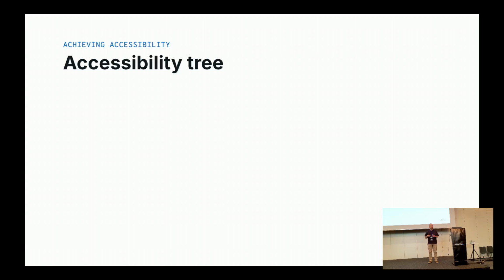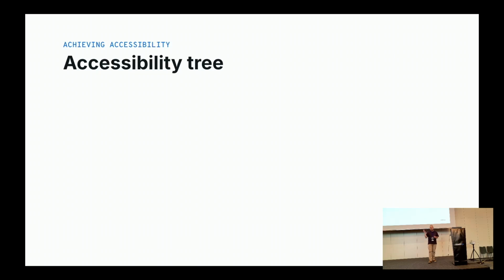So the accessibility tree is a bit similar to that, except more abstract than an HTML tree. And the accessibility tree is what the browser provides to the screen reader to let it know what the content is. So the screen reader doesn't actually read the screen as you would expect based on the name. Instead, it reads the accessibility tree, which is a lot easier for it to do.